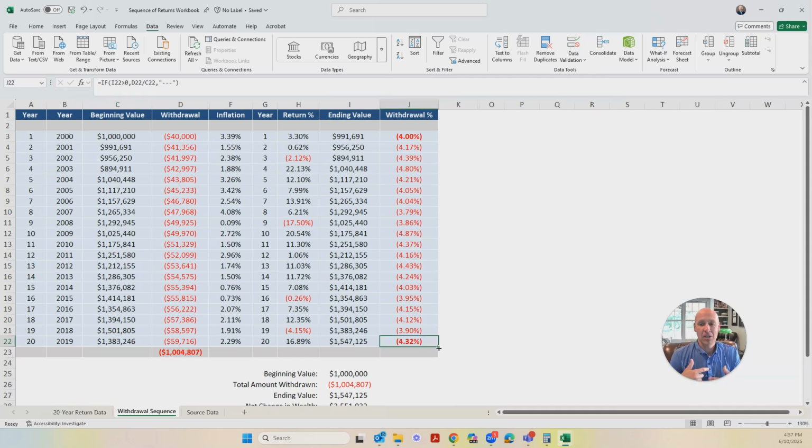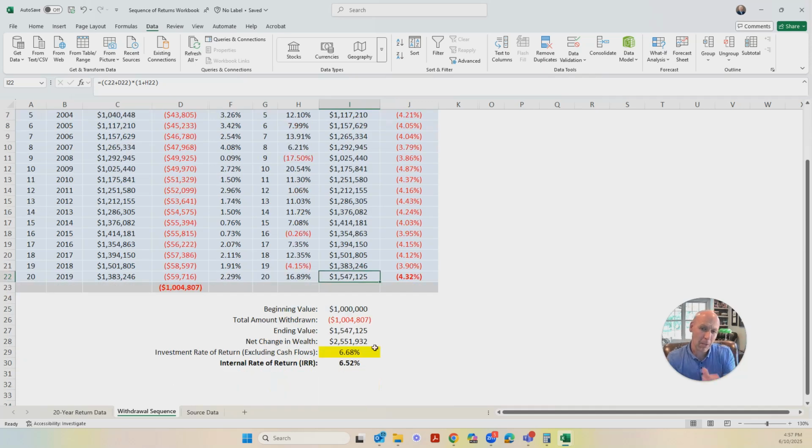So even though your portfolio grew, your purchasing power slightly fell just because you're taking a little bit more out. But the 6.68% return stayed the same, but your dollar-weighted return is 6.52%. So you undercut the investment portfolio with cash flow excluded. You undercut those returns slightly.